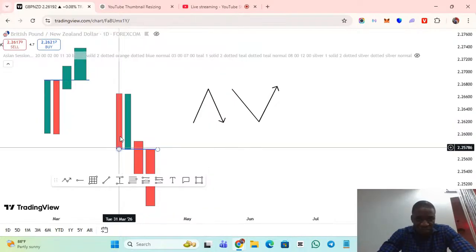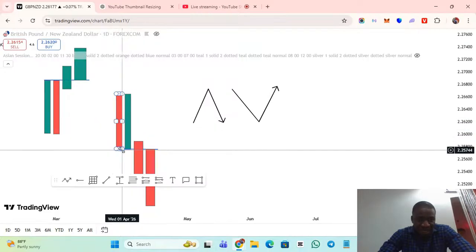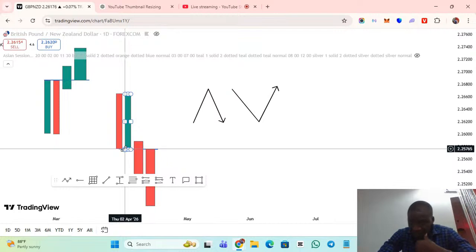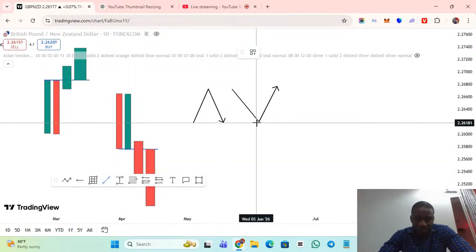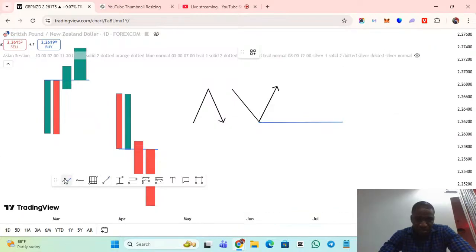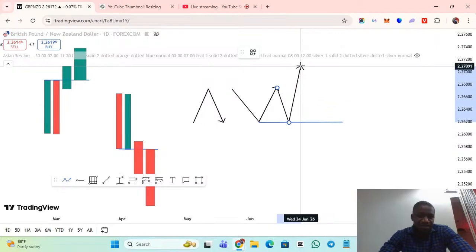So for this one, we have this bearish candle and bullish candle having the same opening, exactly. So A shape. We expect price to come back to this key level, and then we buy.